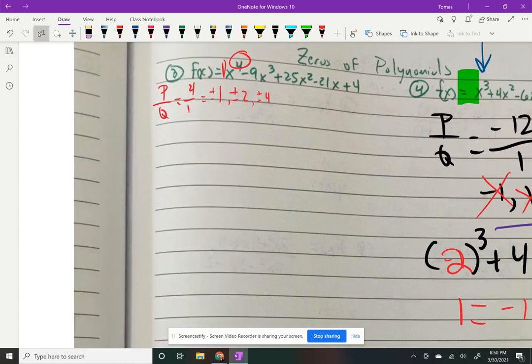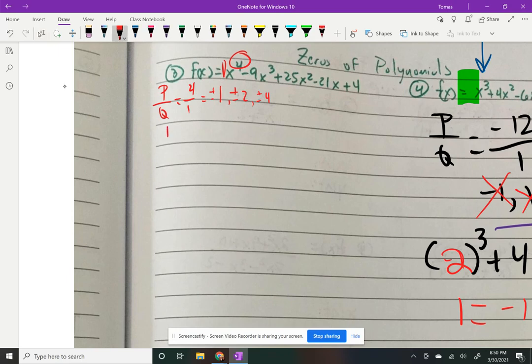And luckily for us, we still have our handy dandy calculator that we could just plug in and check for the results, right? Because we're plugging them in as x. We're not plugging them in as anything else. So I'm doing that right now, and I'm just going to test each one of these.